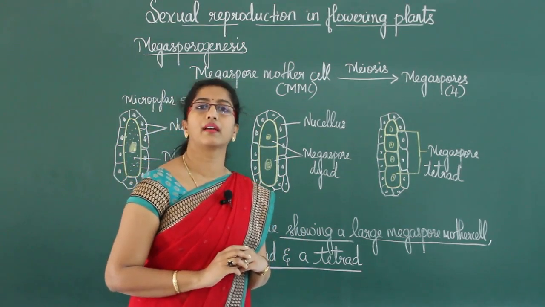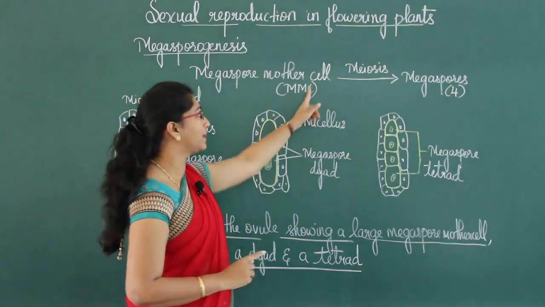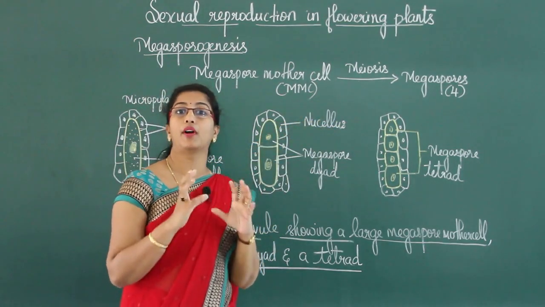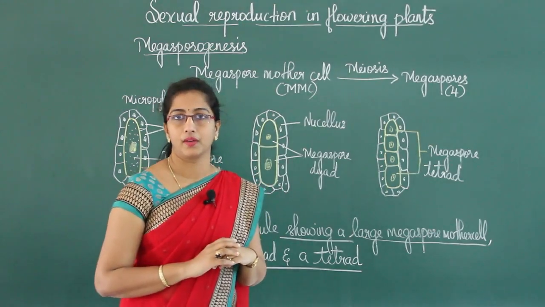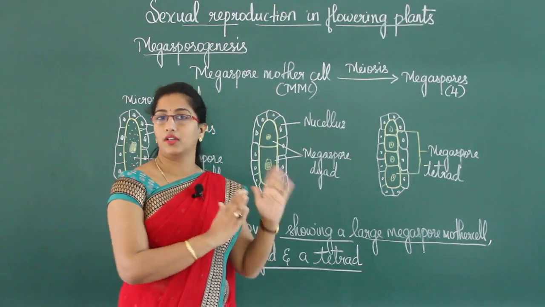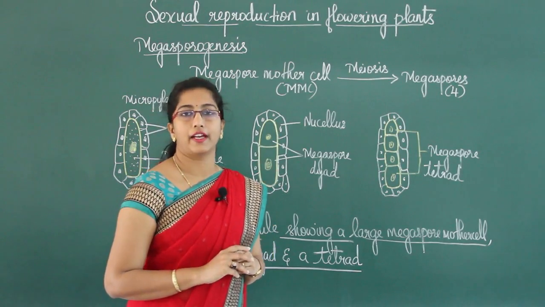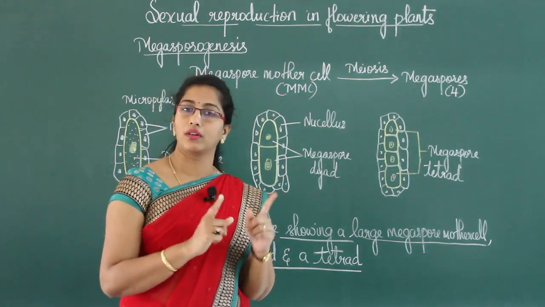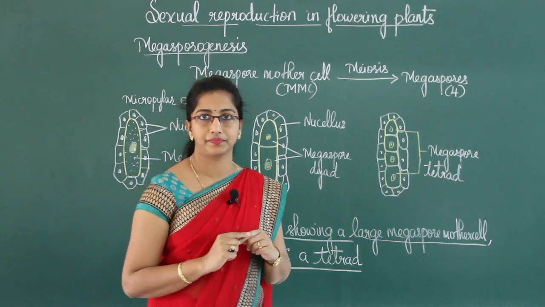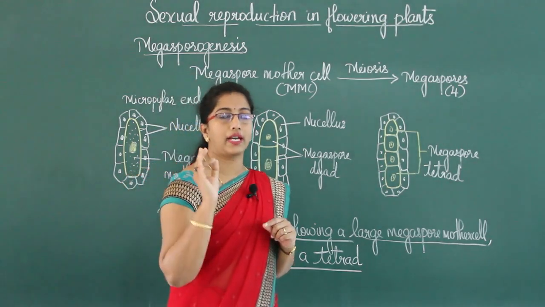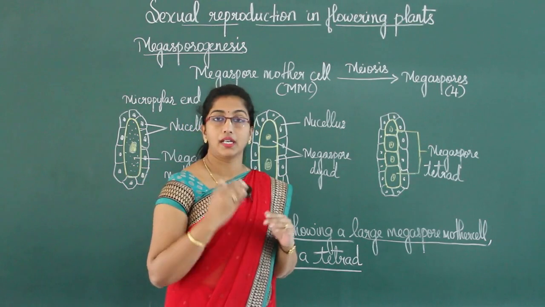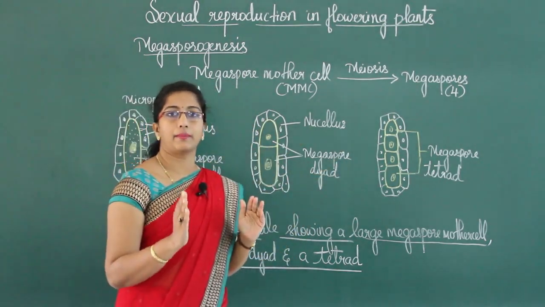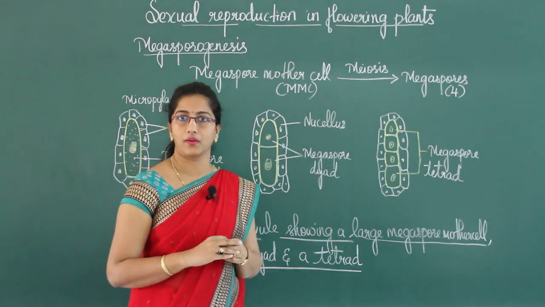Now I told you that meiosis happens. Why do you think only meiosis should happen here for the production of megaspores? What is the importance of meiosis here? You need to recall last year's syllabus, where I taught you that gametes are always haploid. In this chapter we are studying angiosperms.